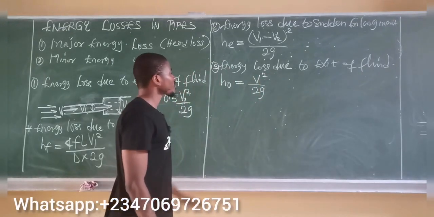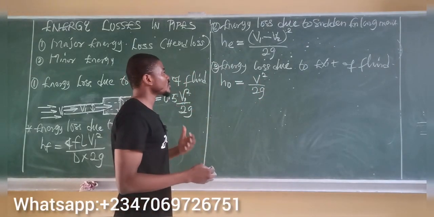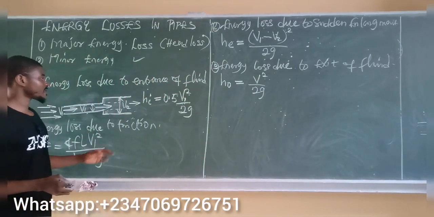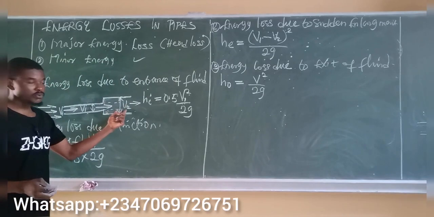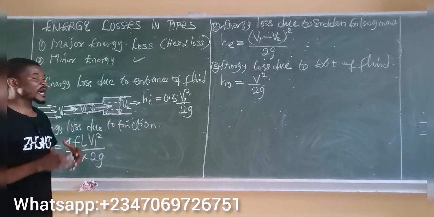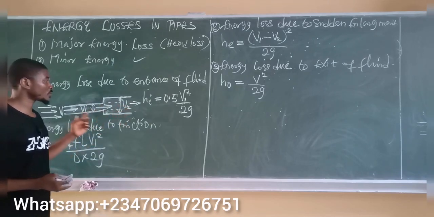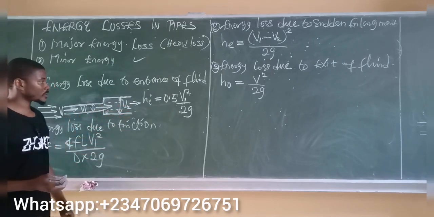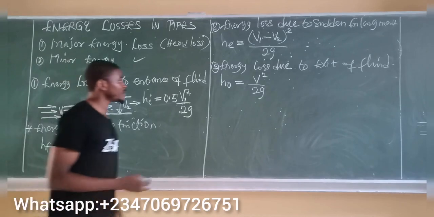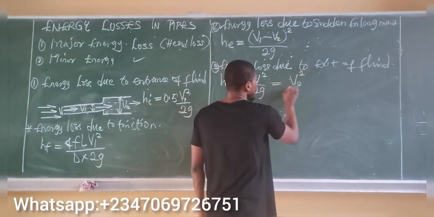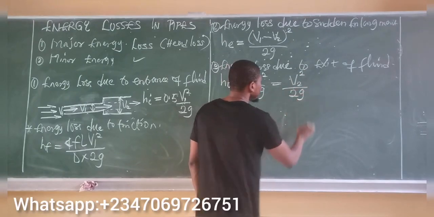Now, the V squared depends on the particular velocity which is exiting. In this case, the velocity exiting is V2. So we could have a series connection of different types of pipe, all joined together, and they will move at different speeds to one another. Since this is V2, we can also write it as V2 all squared divided by 2g.